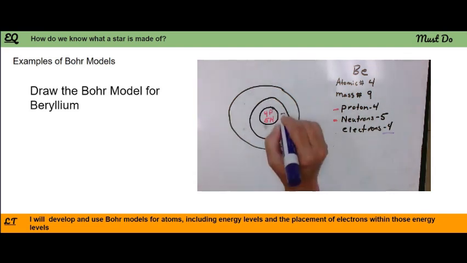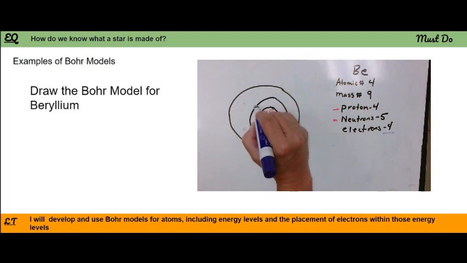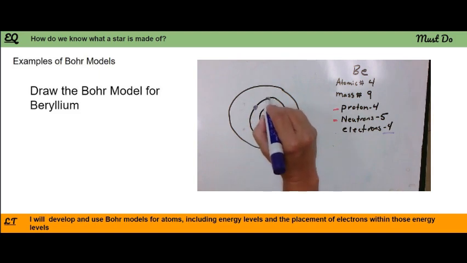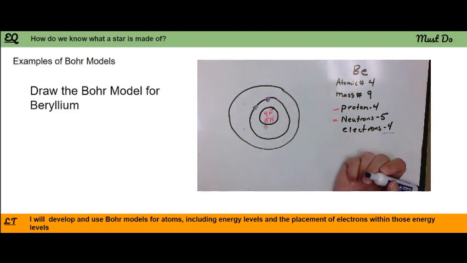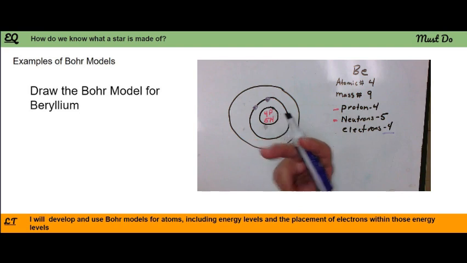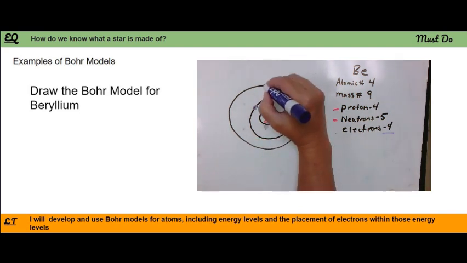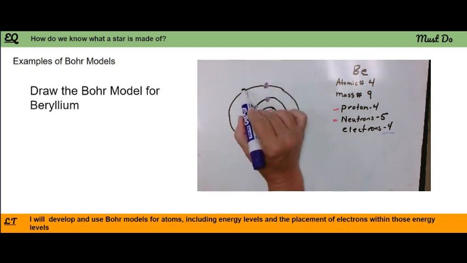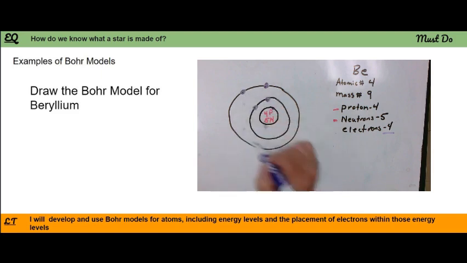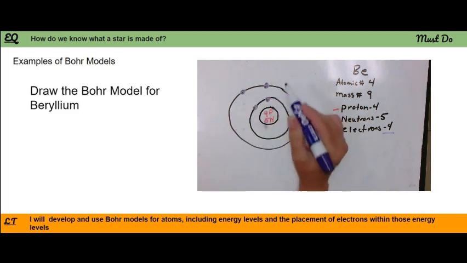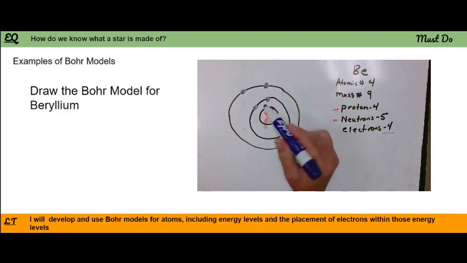Remember, this ring here can only take 2, so I can only put 2 in here. That means I have 2 left, so I have to put 2 on the outer ring. Again, you can put them anywhere on the rings as long as you put the correct number in each ring. So that is how you draw a beryllium Bohr model atom.